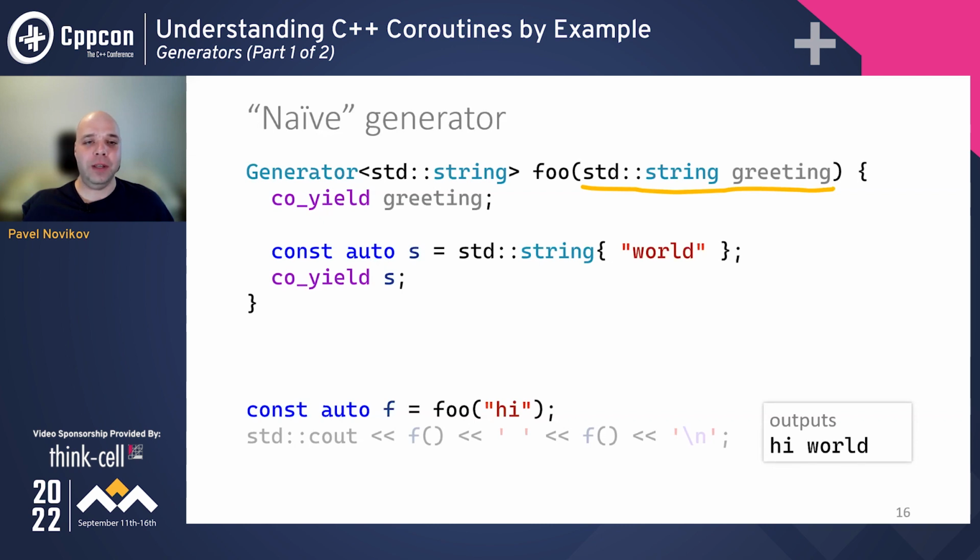Again, by default, you should pass parameters by value inside the coroutines. Otherwise, I will repeat myself, parameters are just like local variables, with the exception that they are initialized outside of the body of the function, in this case, the coroutine function.